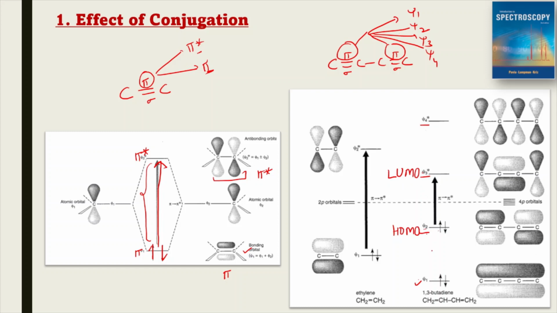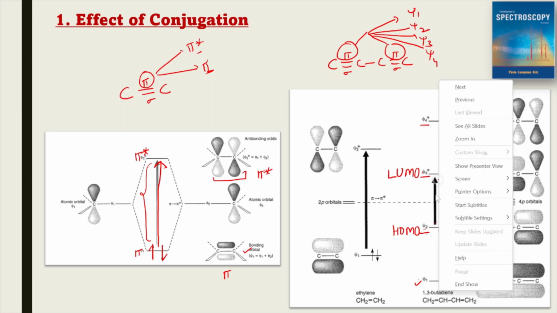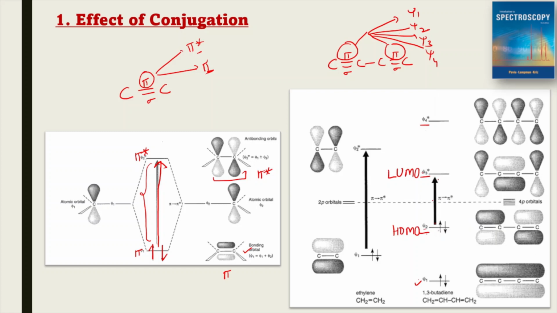So basically, when the molecule gets energy, the excitation of electrons takes place from HOMO to LUMO, whether it is a conjugated system or a non-conjugated system. Ultimately, the electrons are getting excited from HOMO to LUMO.